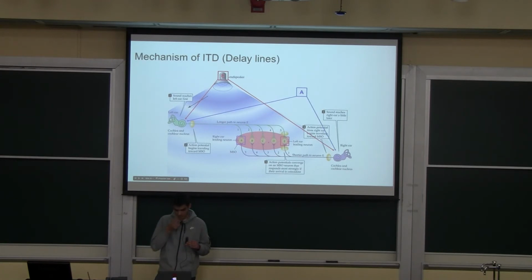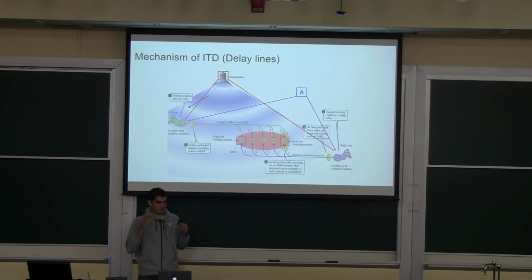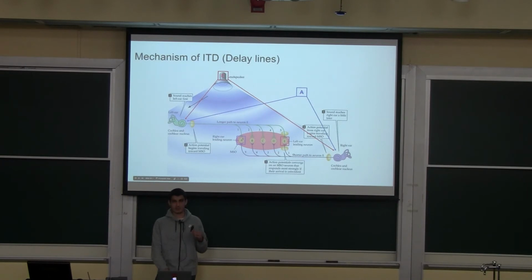And his whole model is that depending on where the MSO neurons are located, they're essentially tuned to a particular timing difference. So whatever the difference in time of arrival of the information from the ganglion cell is between here and here, that population of neurons is tuned to that difference.